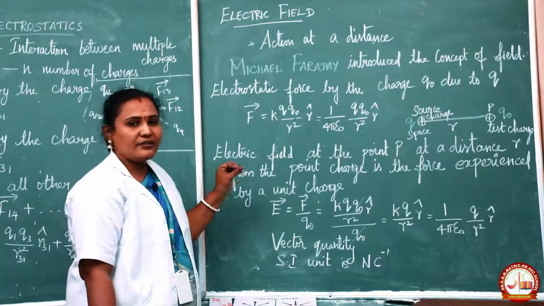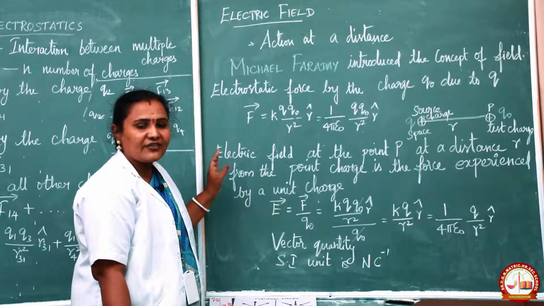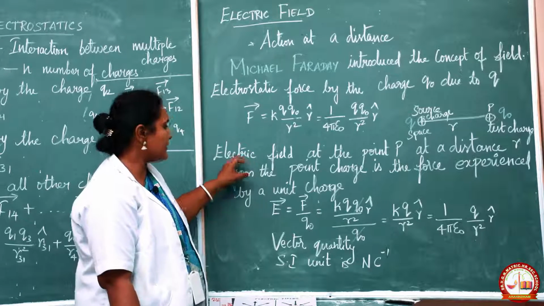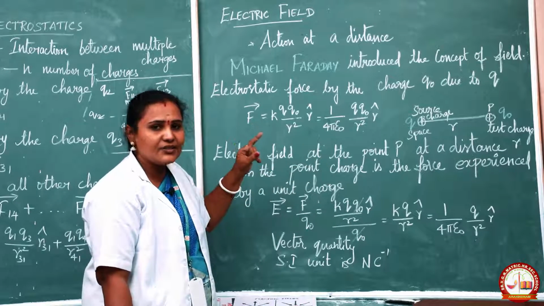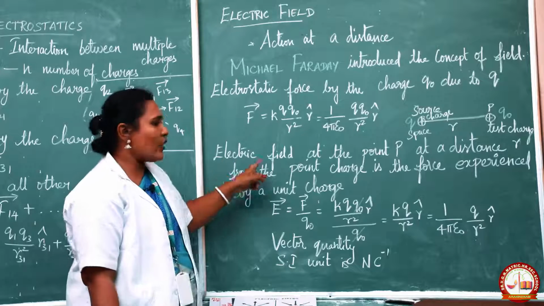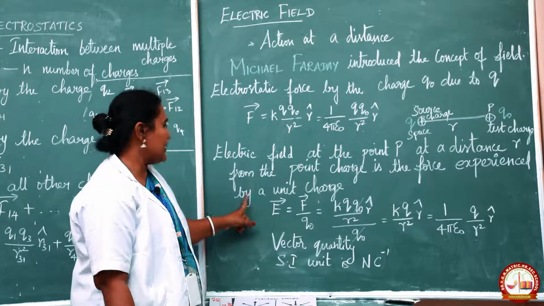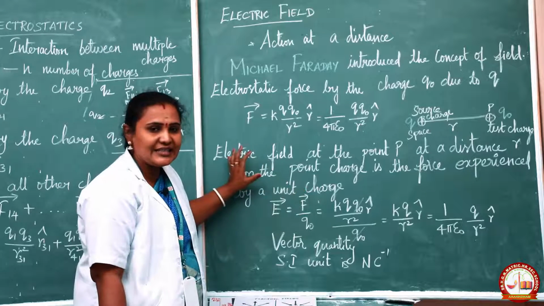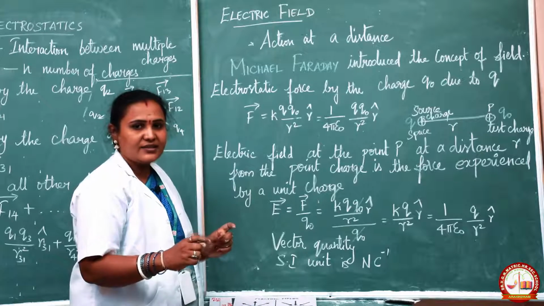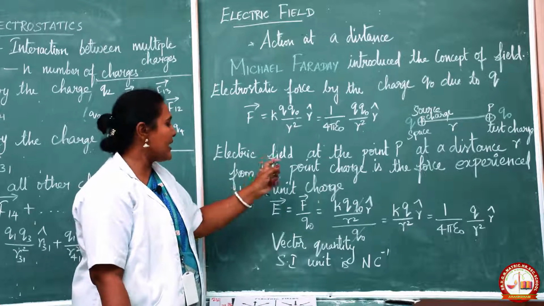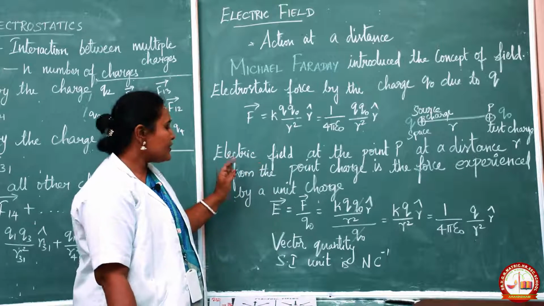The next thing we are going to see, the main thing, is the electric field. How do we define it? The electric field at the point P at a distance of r from the point charge is the force experienced by a unit charge. In one sentence, the force experienced by a unit charge is the electric field.